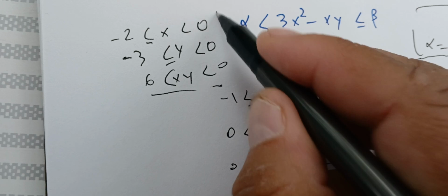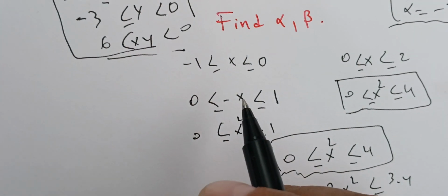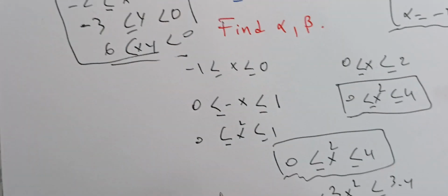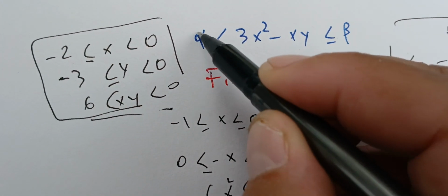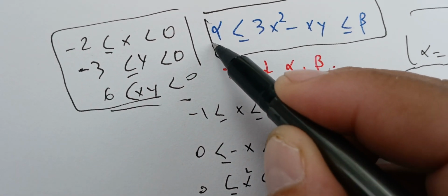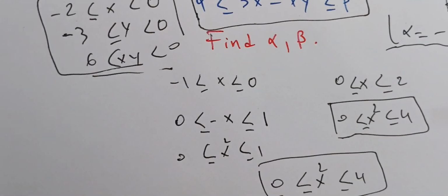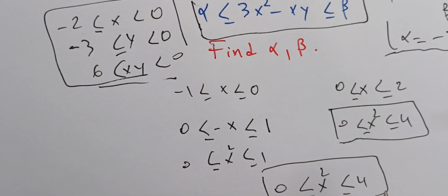So it's good to always switch these numbers to positive values. From this we learn that ordering in R can be tricky. So we always switch to positive values and do the multiplications.